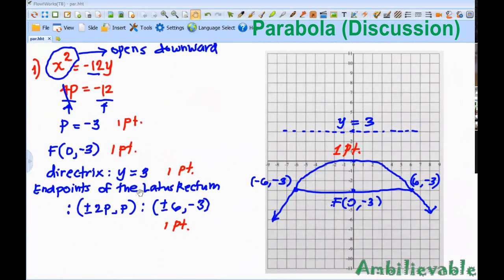Okay, so this is number 1. Number 2 po. Number 2.